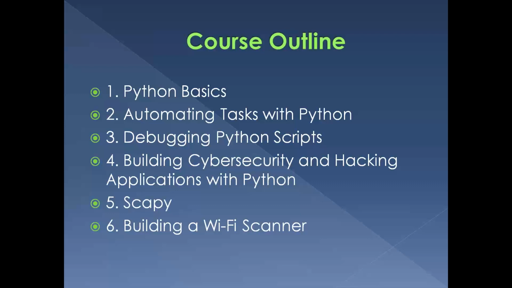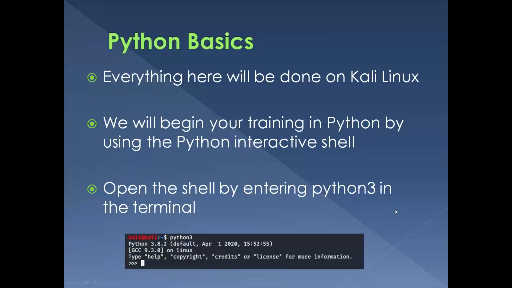That's what Scapy does for us in Python. We can use Scapy to sniff packets off the wire, put them in a PCAP format, and then once we're in a PCAP format, we can do all kinds of manipulation on them. And then we're going to build a Wi-Fi scanner last, and if we have more time, we'll do more things than we have here.